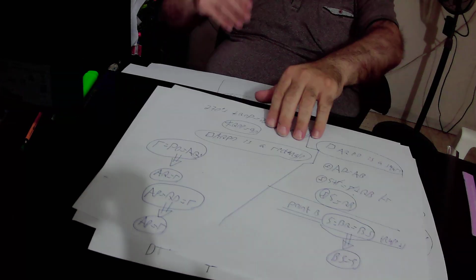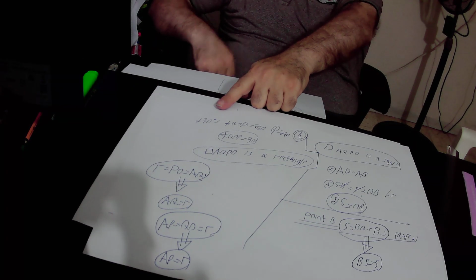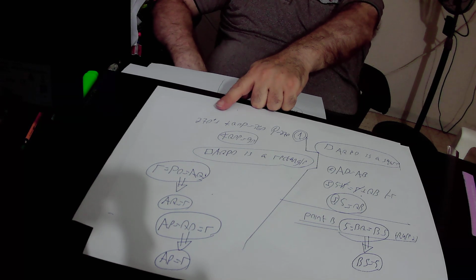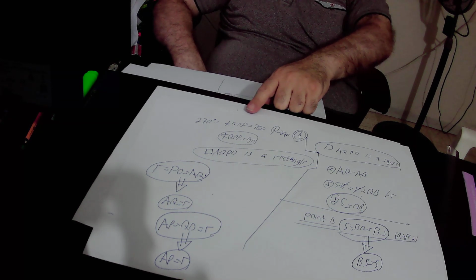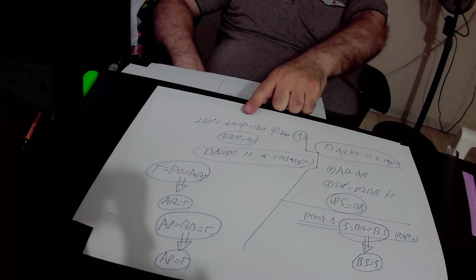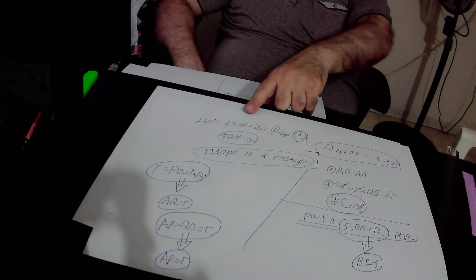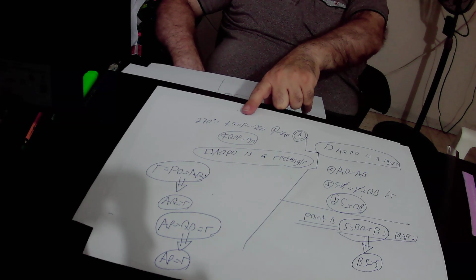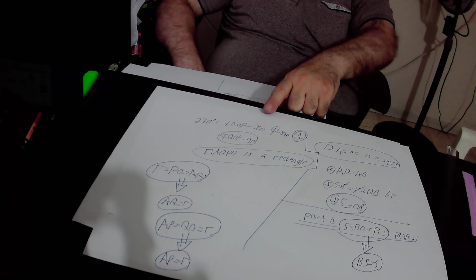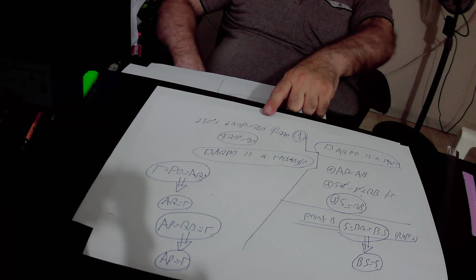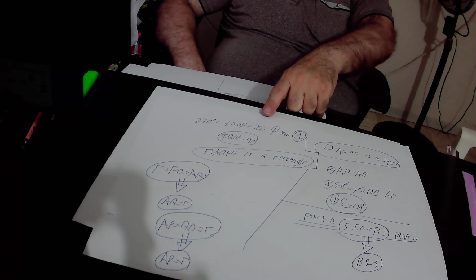I repeat again, the size of three right angles is 270 degrees plus the size of the fourth angle, that is the angle that is missing. In total, they must be equal to 360 degrees.